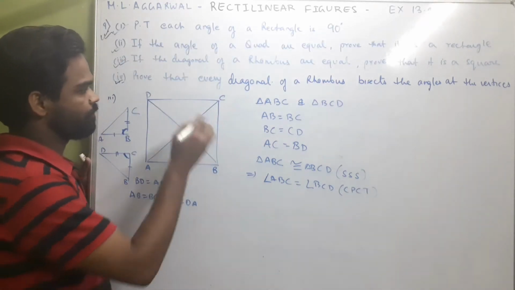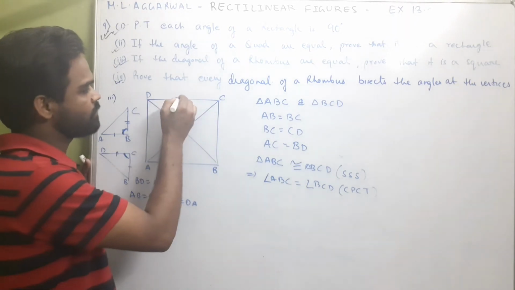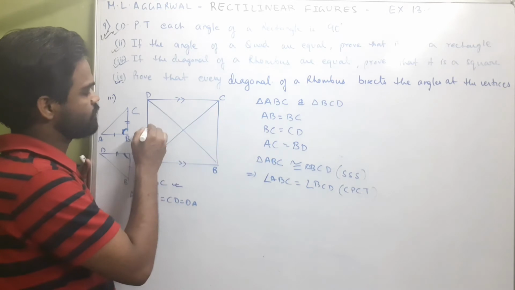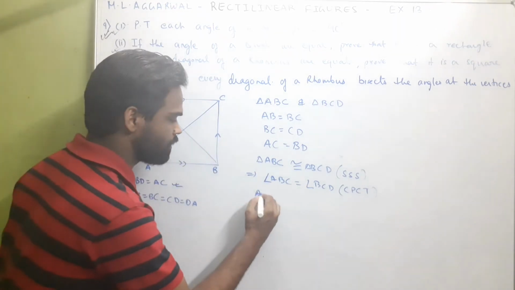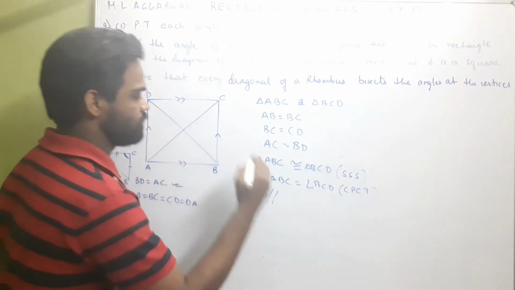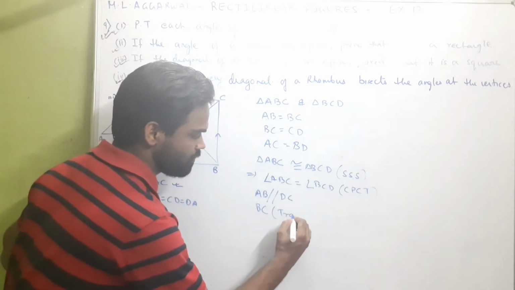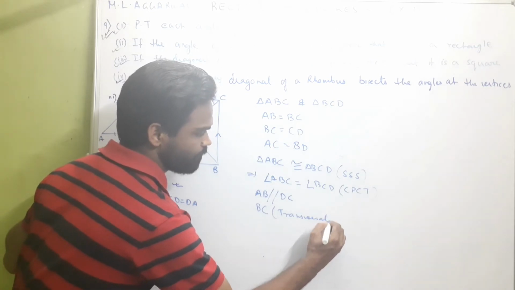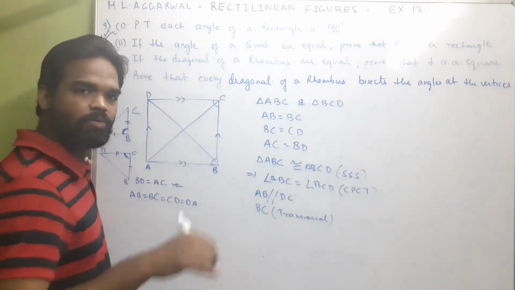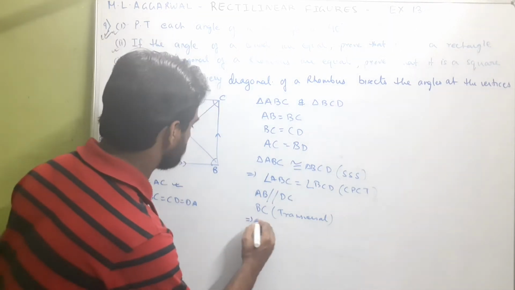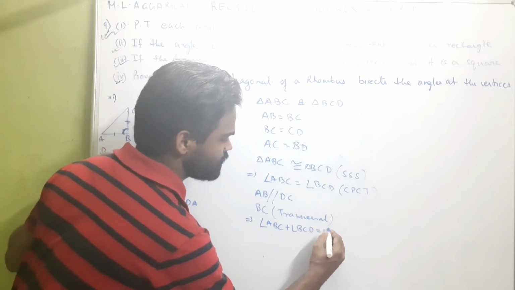Now look carefully. It's a rhombus, which means it's a parallelogram. So this is parallel to this and this is parallel to this. Now if AB is parallel to CD, then BC becomes a transversal. Which means this angle and this angle will add to give 180, co-interior, which implies angle ABC plus angle BCD is equal to 180.